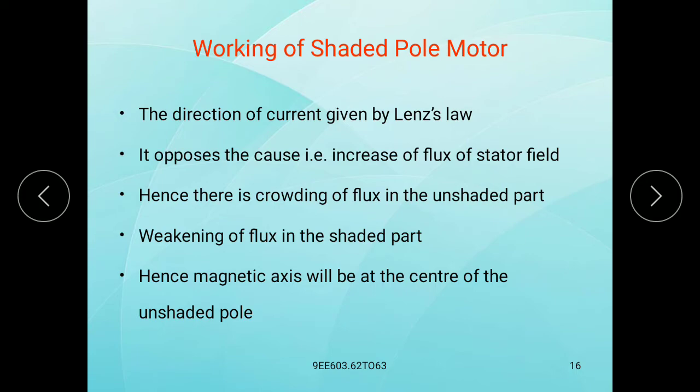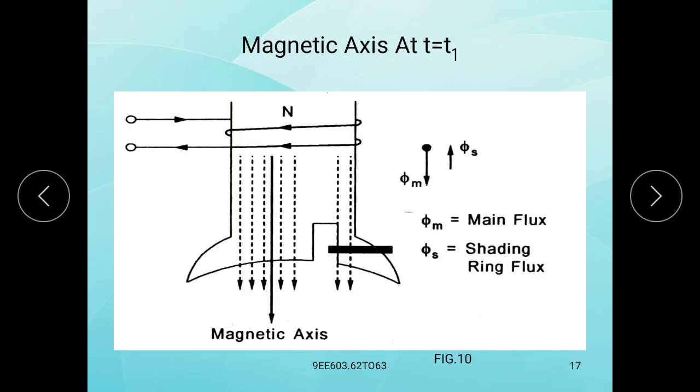So, crowding of the flux in the unshaded part, since the magnetic axis will be at the center of the unshaded pole. This is the magnetic axis. See here, this is the unshaded pole, here the shading pole.